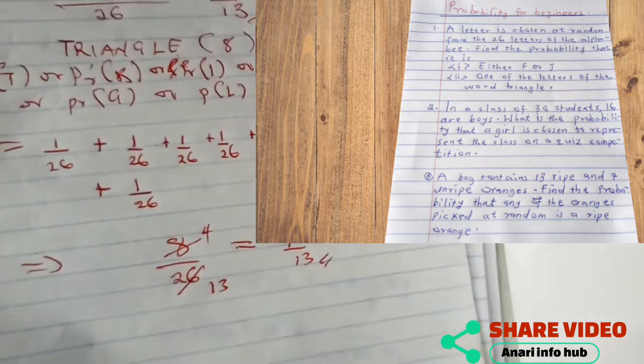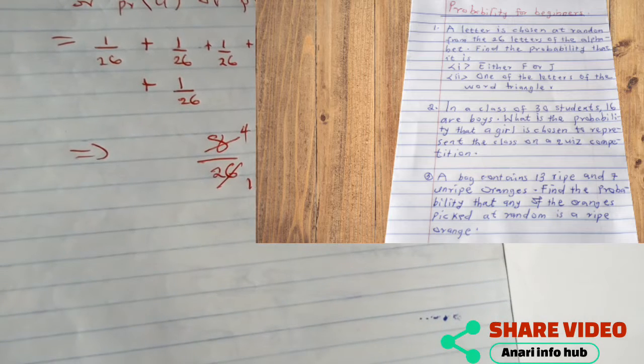The last but not the least is, a bag contains 13 ripe and 7 unripe oranges.